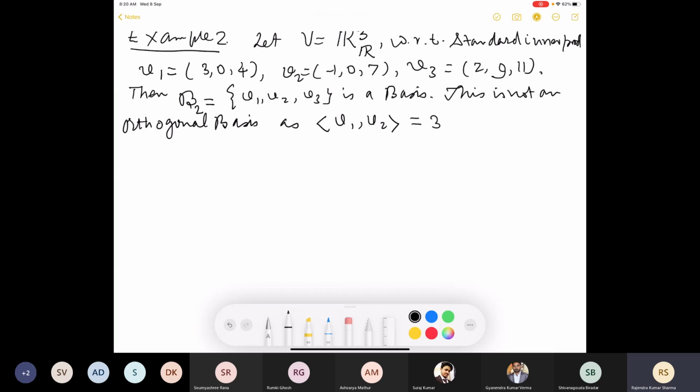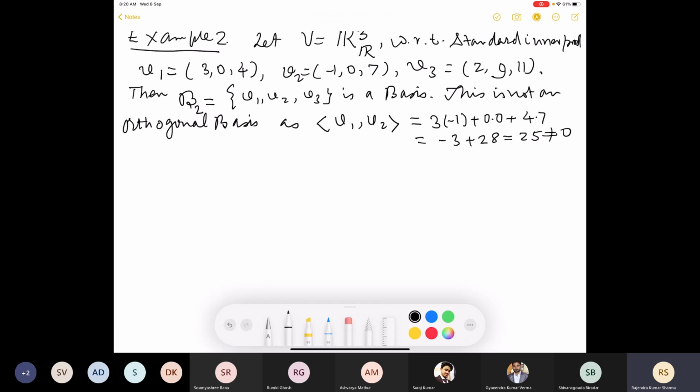So this is 3 into minus 1 plus 0 into 0 plus 4 into 7. This is minus 3 plus 28, so this is 25, and this is not 0. So this is not an orthogonal basis, since the inner product of V1 with V2 is not zero.